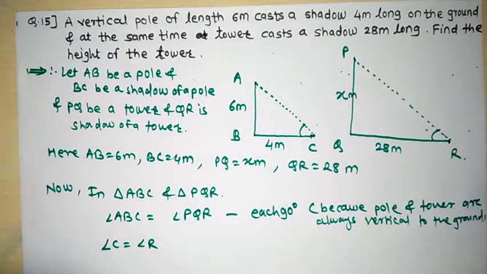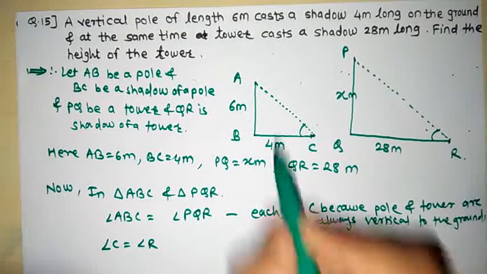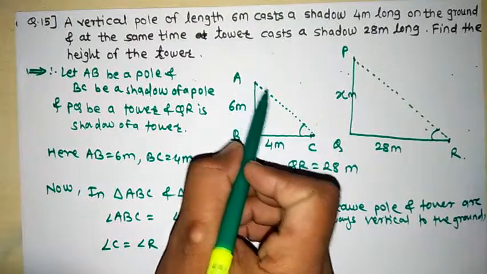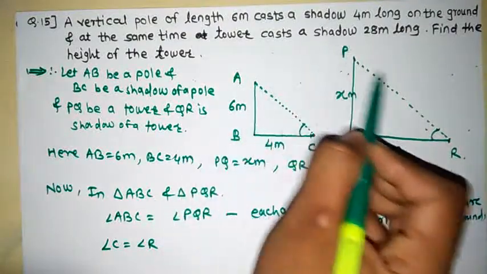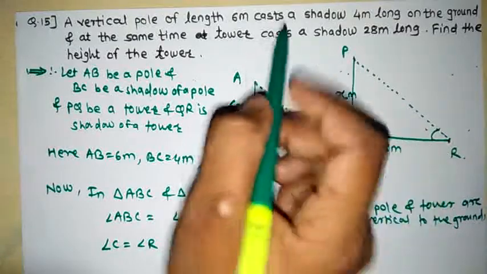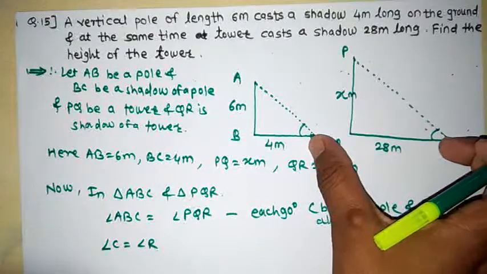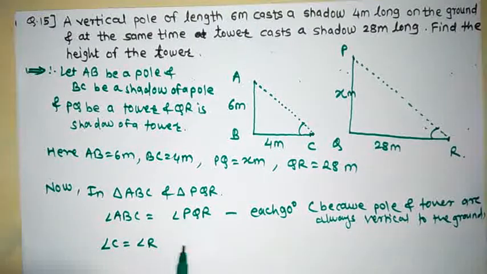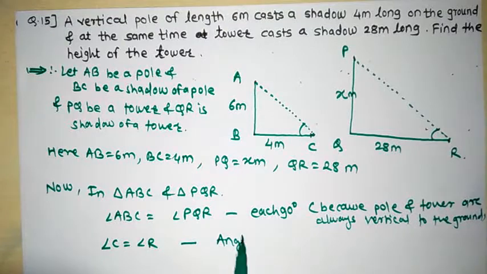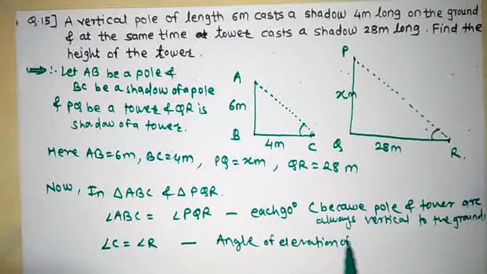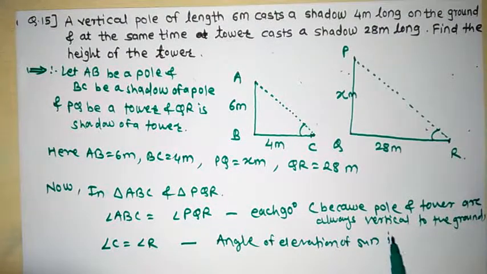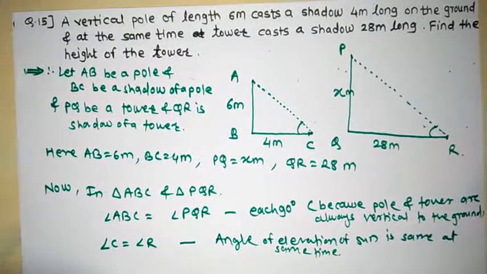Therefore, the light is coming from the sun to point A on the pole and point P on the tower at the same time, so the angle of elevation of the sun is the same at these two points. At the same time it will remain the same.